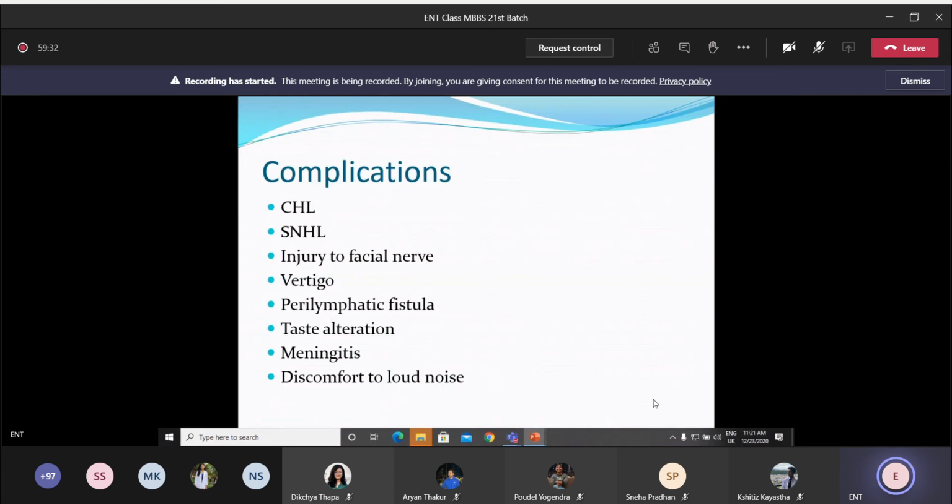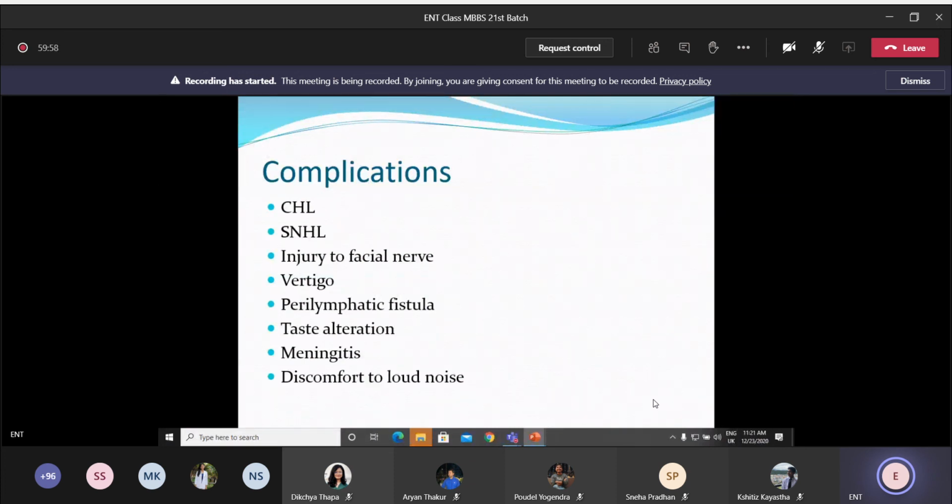But what are the complications? If the surgery does not succeed, the patient will still have conductive hearing loss. Sometimes, if there's a perilymphatic fistula or any trauma, then they can even have a dead ear, complete sensorineural hearing loss. You can even injure the facial nerve, which is nearby.